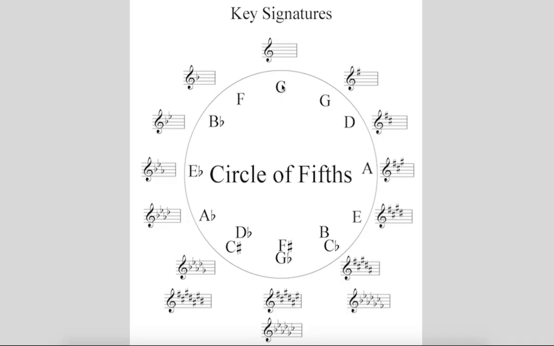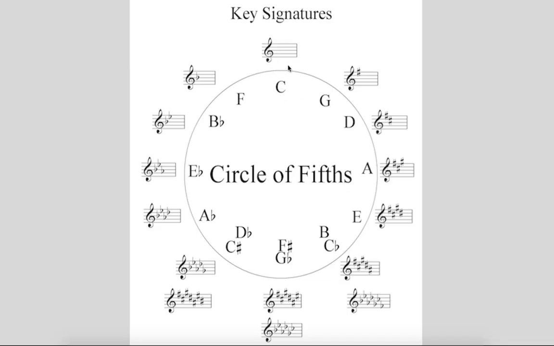But in the old days, in medieval times and after that, in the Renaissance, people taught music by using these circles all the time, not just for fifths, but for other stuff. There were a lot of different circles of this and that, and circles were a very common way to teach music. We don't use them anymore, really, except for the circle of fifths. I can't really think of any other time when we use circles, but they used to use them all the time. Anyway, check this out.